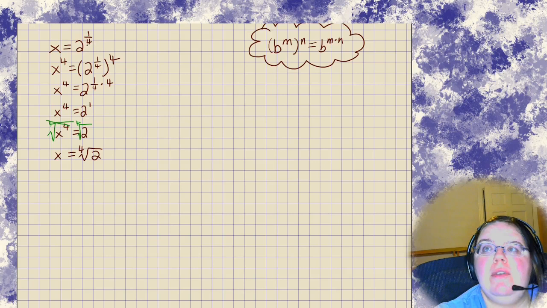There was nothing particular about the numbers we chose, like 2 or 1/4. It doesn't matter what our base is, it doesn't matter what unit fraction we have. So in general, if you have a base raised to the power 1 over some denominator, that's going to end up being the denominatorth root of that base.